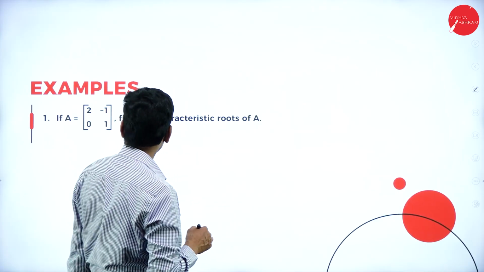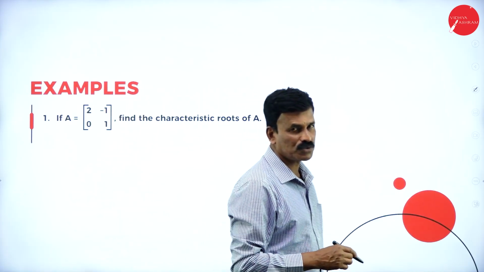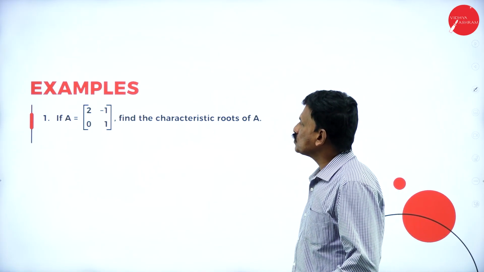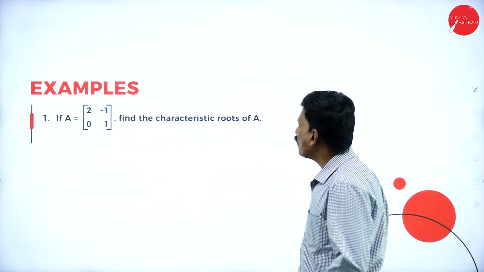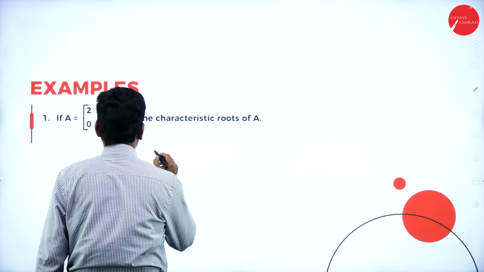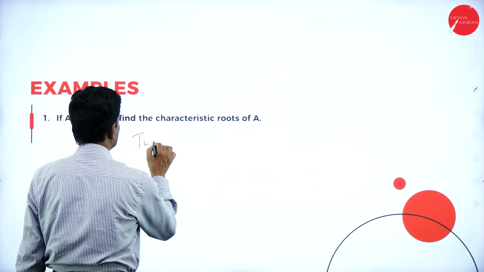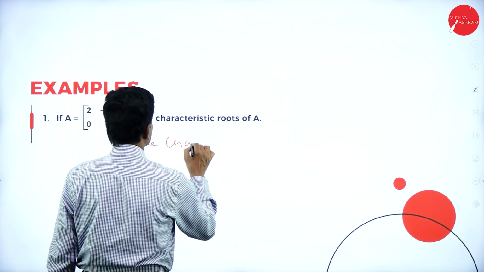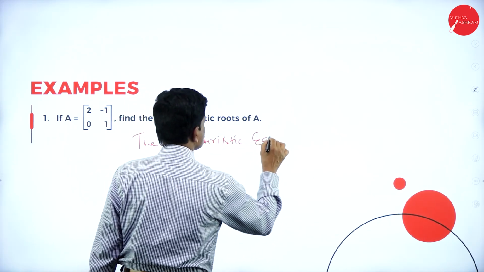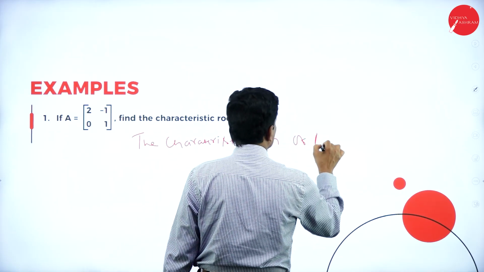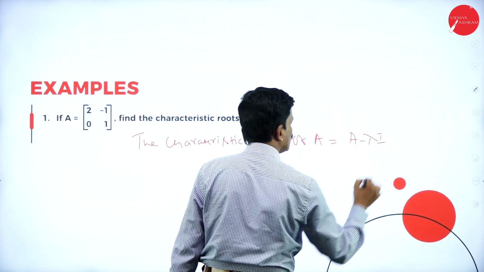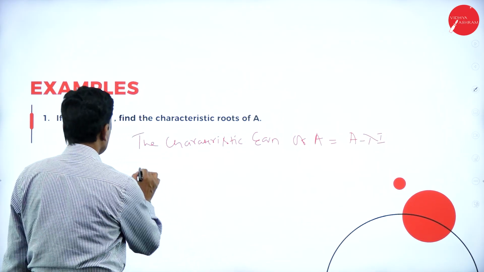Now let us come to an example. Let us move on to a problem. Let us consider a matrix A is equal to [2, -1; 0, 1]. Find the characteristics roots of A. Now let us write the characteristics equation of A using A minus lambda I. So what is A minus lambda I?